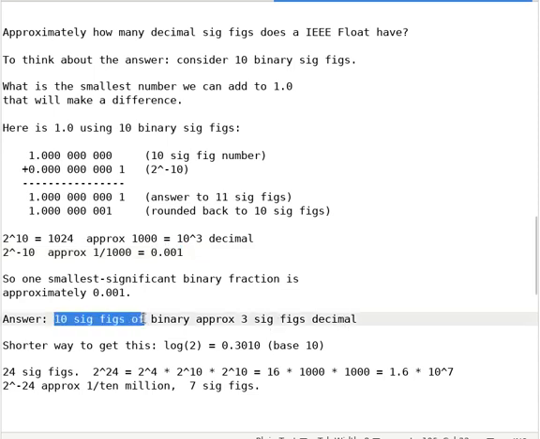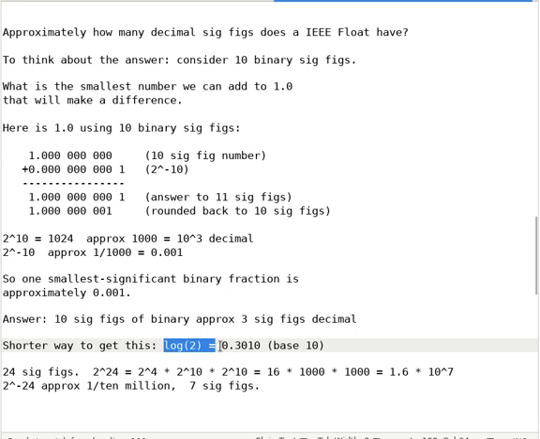So a 10-bit binary fraction has about the same precision as 3 sig figs of decimal when we're doing our arithmetic. The math folks among you will notice that an easier way to get this is to say the log base 10 of 2 is 0.3010.